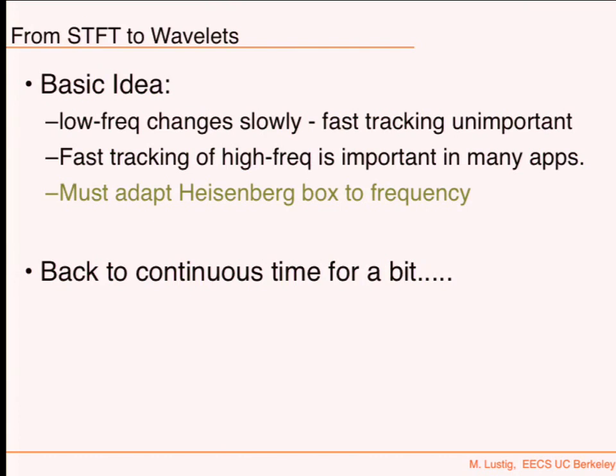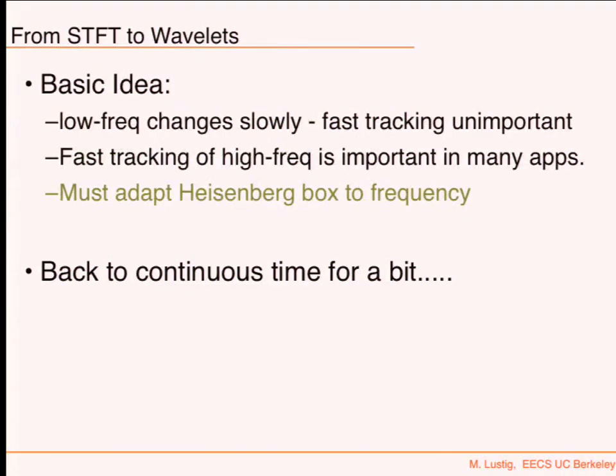But if you have fast changing stuff or high frequency phenomena, often that does change fast, and maybe we need a way to track it faster in time. So the question is, can we adapt the Heisenberg boxes such that it fits this type of need?